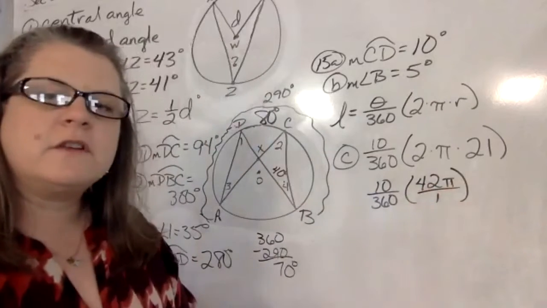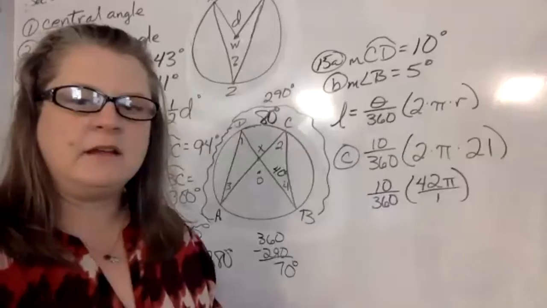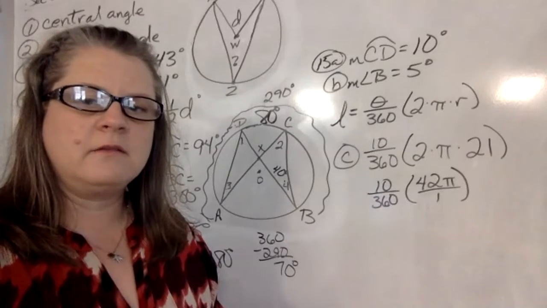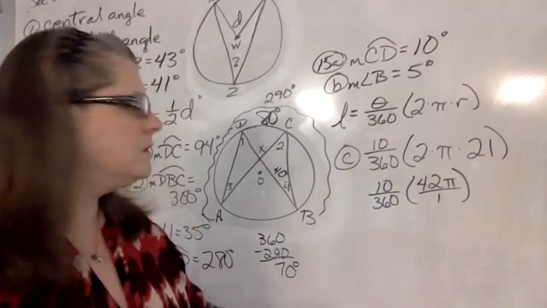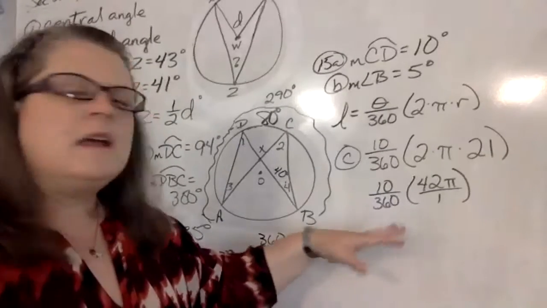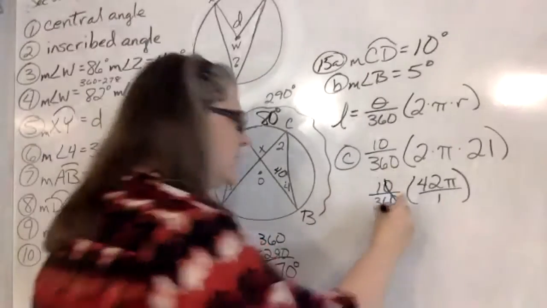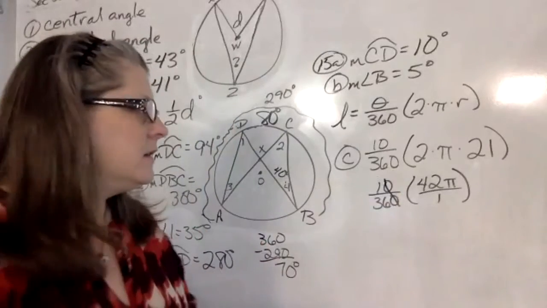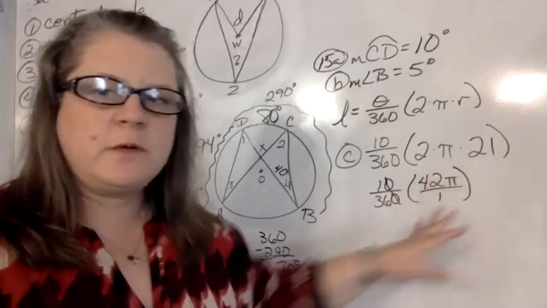Okay, and then I look for things that I can copy from yesterday. So when I go to do this, I can simplify 10 over 360 first. That cancels, so I have 1 over 36. And then what is something that divides into 36 and 42?